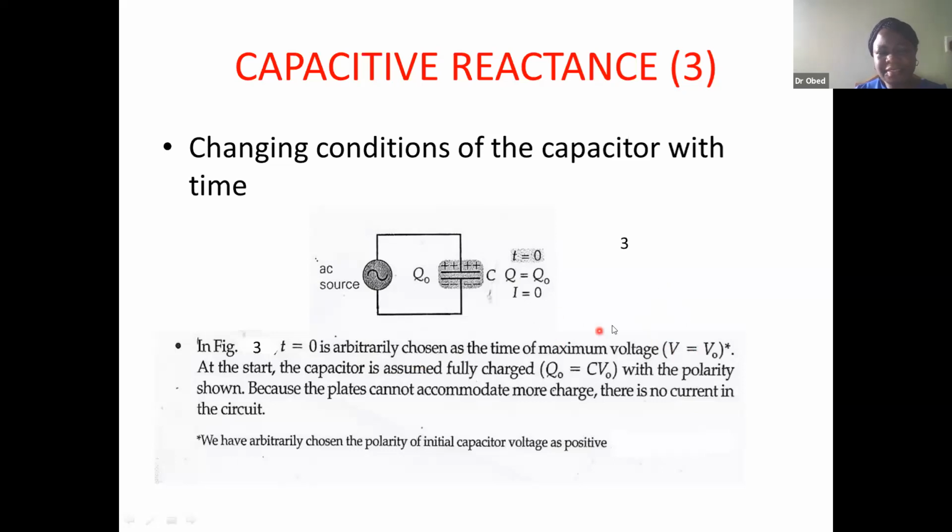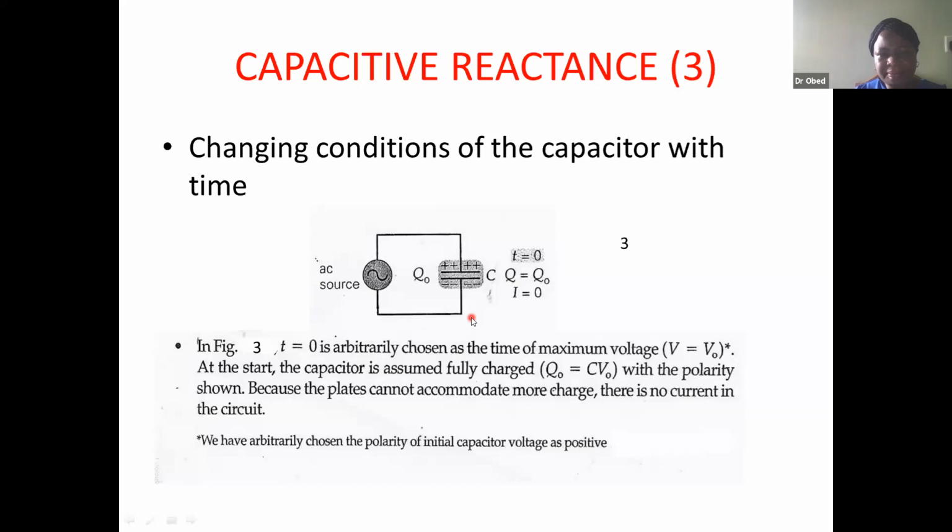At the start, the capacitor is assumed fully charged with the polarity shown: positive charges here, negative charges here. Because the plate cannot accommodate more charge, there is no current in the circuit. That is, when the capacitor is fully charged, no more current will flow in the circuit.